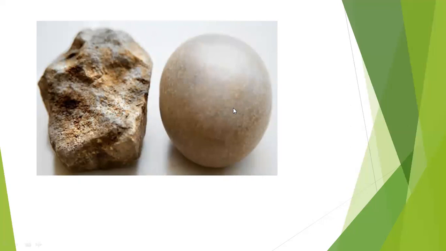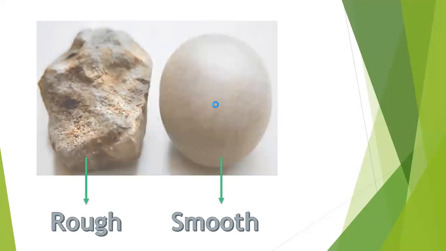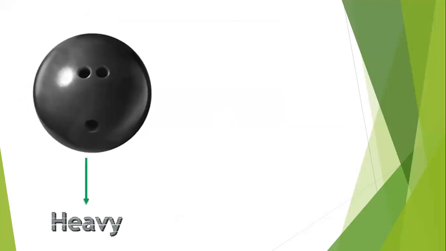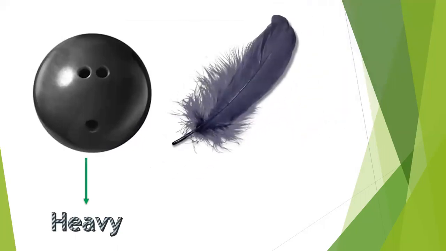You can see here are two stones, but one is rough and one is smooth. Then we can see heavy and light. Some of the materials are heavy and some of the materials are light. Like fridge.